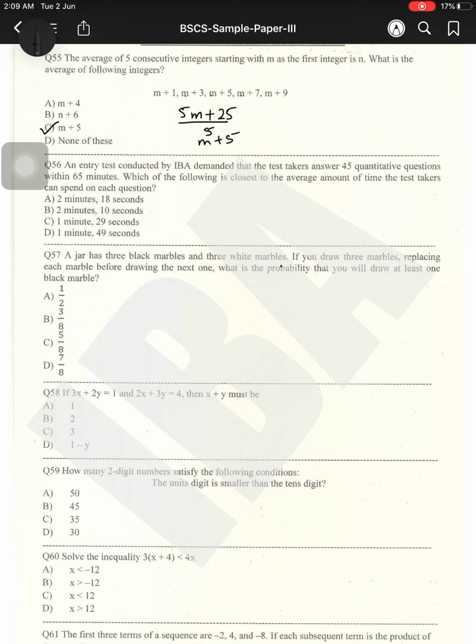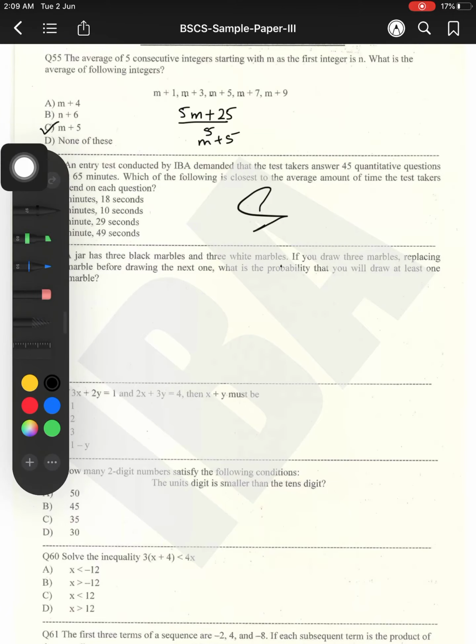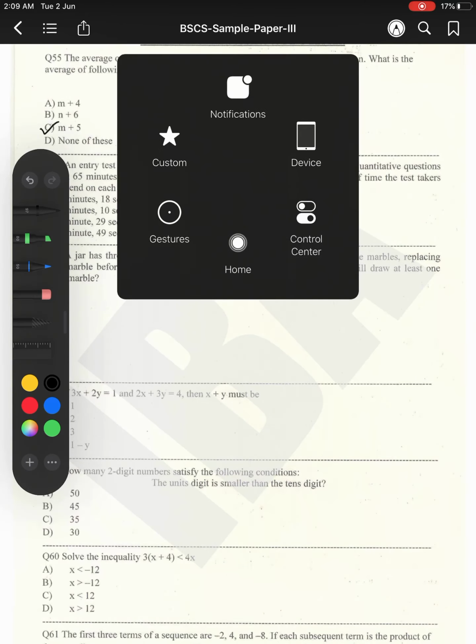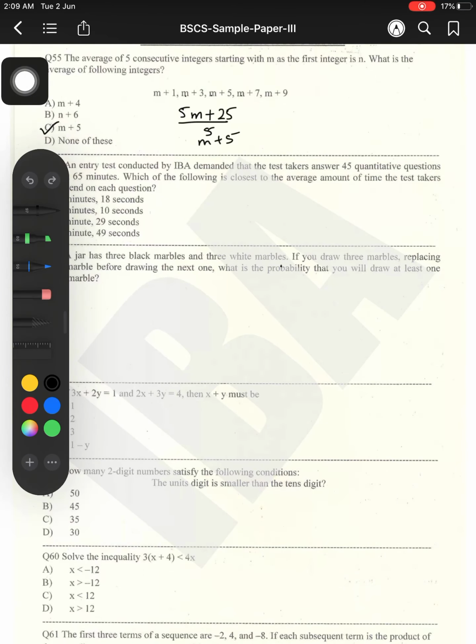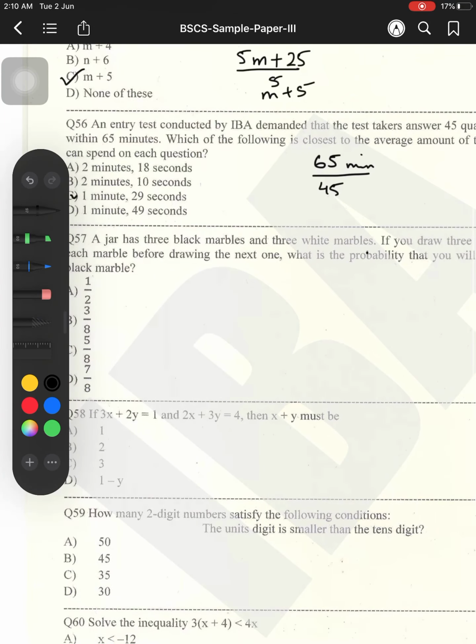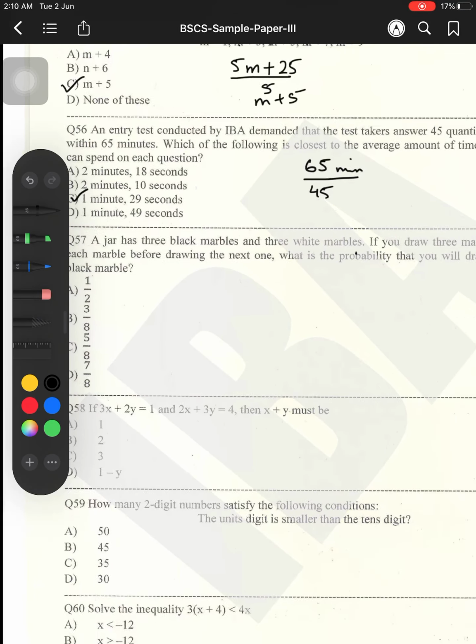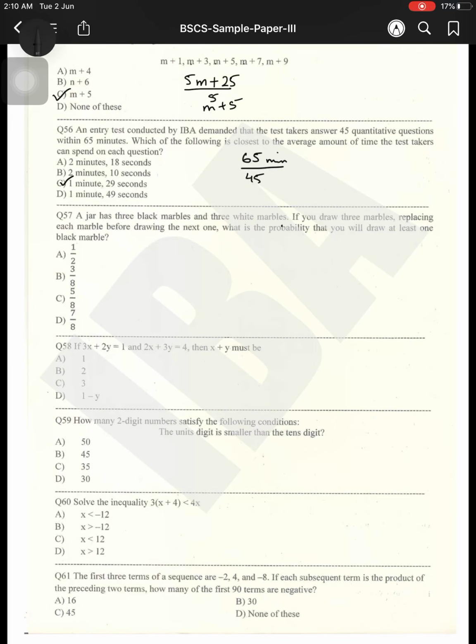So there are 65 minutes and there are 45 questions. So you can cross-cancel and you will get the answer C. Right? Just making it easier for you guys.